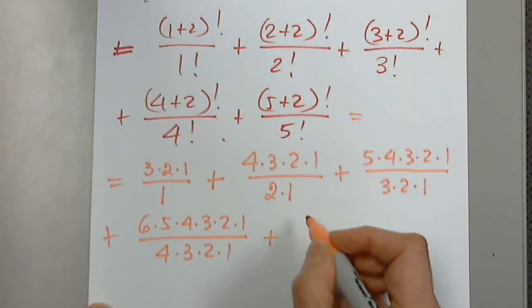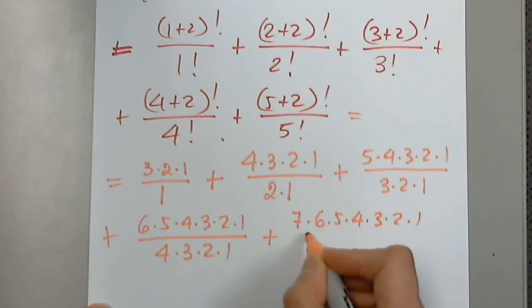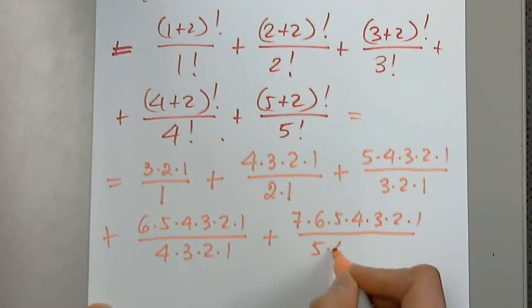And finally 7 factorial, 7 times 6 times 5 times 4 times 3 times 2 times 1 over 5 times 4 times 3 times 2 times 1. The reason I presented them like this is because they are not big numbers.